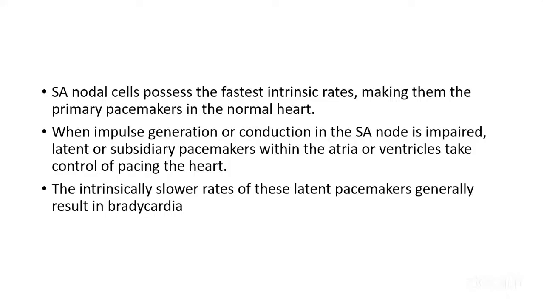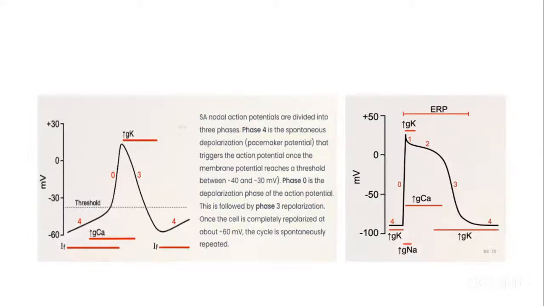And like I said, the SA nodal cells have fast intrinsic rates, making them able to depolarize very fast. And if we remember our physiology, the SA node is where my pointer is. They don't have a true resting potential. So after the phase 3 repolarization, which is due to efflux of potassium, and once the membrane potential of the cell gets down to about -60, the funny current opens, allowing sodium to enter into the cell.